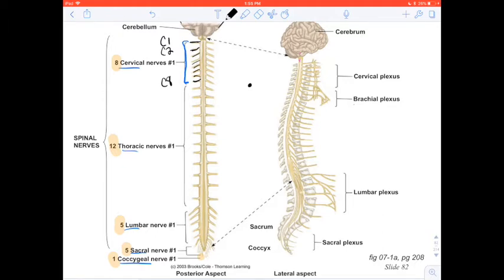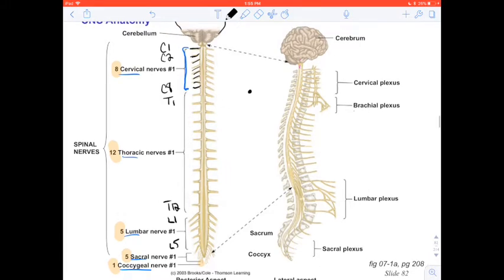Same idea here, so we're going to have T1 through T12, L1 through L5, and so on and so forth. That's going to be important because each one of these is going to come out and correspond to a very specific area of the body, and we'll look at that in just a second.